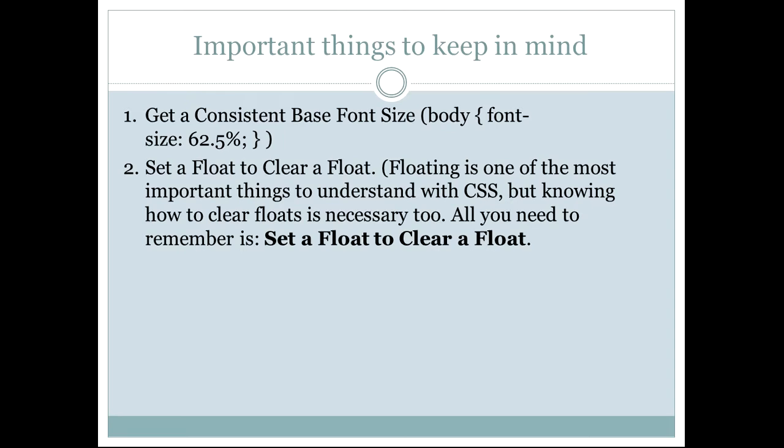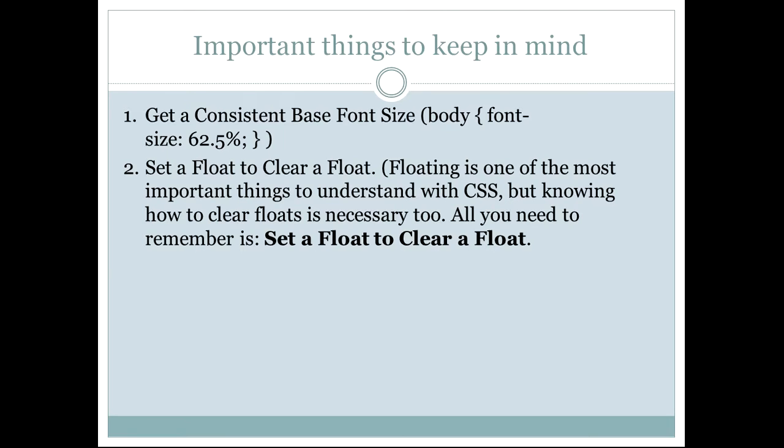Okay, let's go on. So these are two important things to keep in mind when coding CSS. The first one is to get a consistent base font size. The body font size is 62.5%. When designing CSS, you want to have a consistent base.